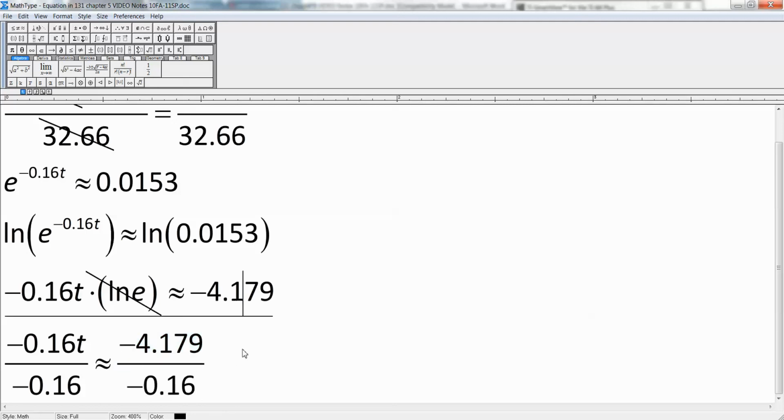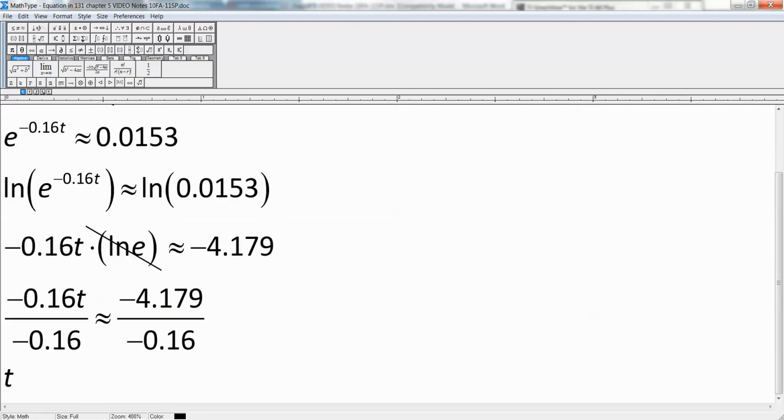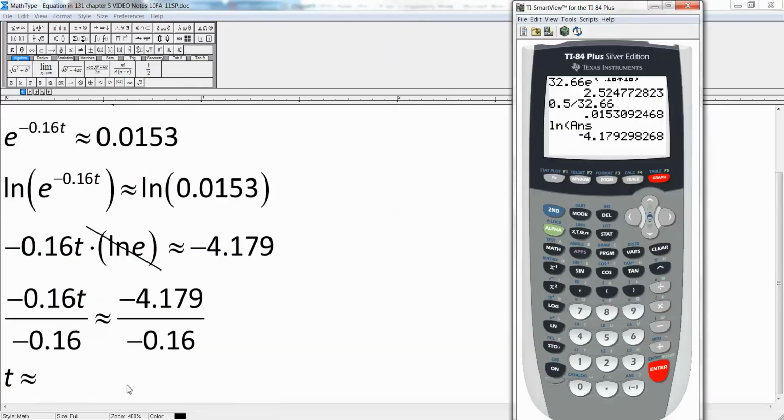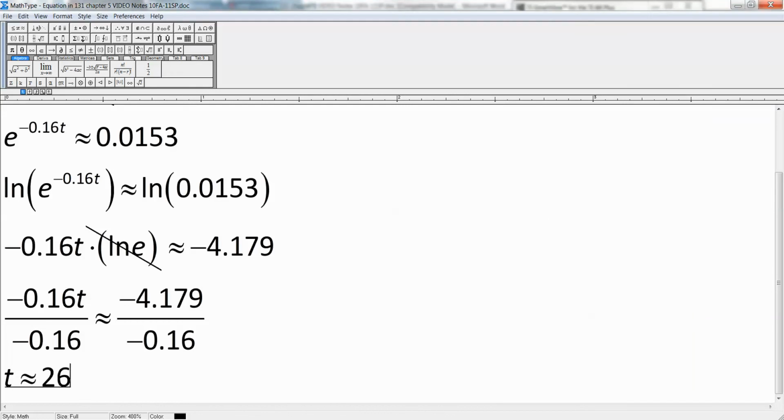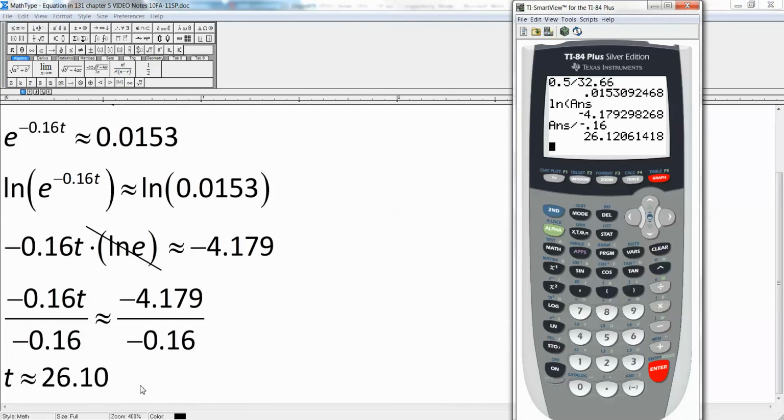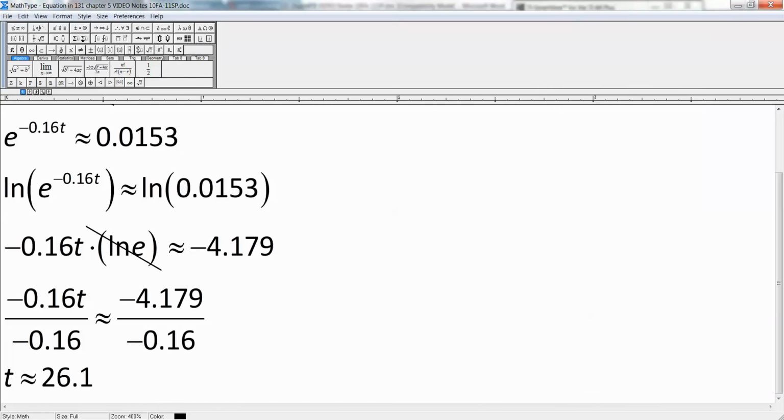I'm going to make the calculator find this. So t is about whatever that number is. I'll take negative 4.179 and divide it by negative 0.16. It gets me about 26.121. There we go.